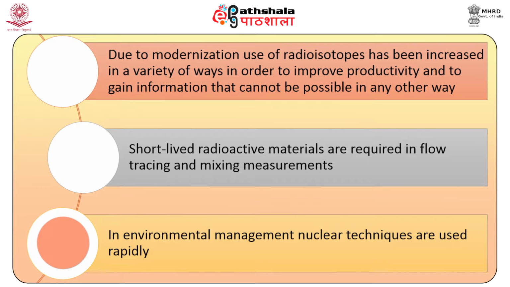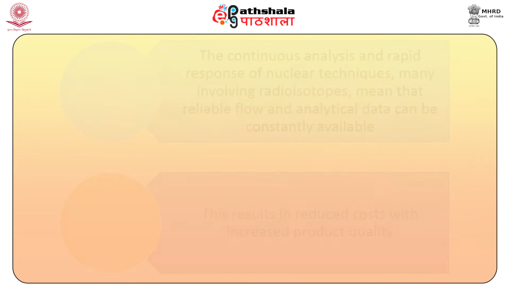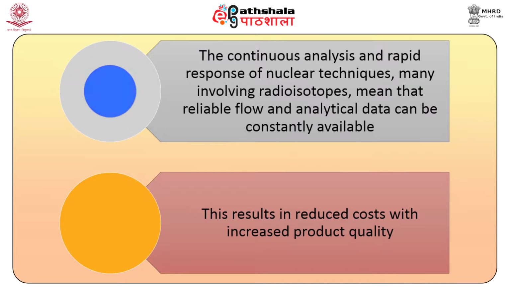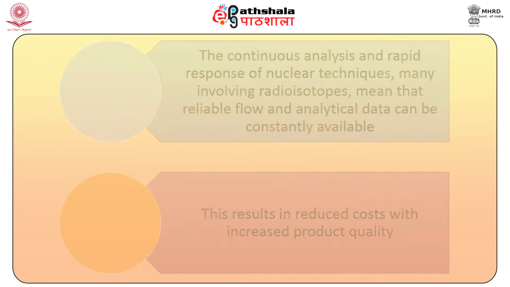In environmental management, nuclear techniques are used rapidly. The continuous analysis and rapid response of nuclear techniques, many involving radioisotopes, mean that reliable flow and analytical data can be constantly available. This results in reduced costs with increased product quality.